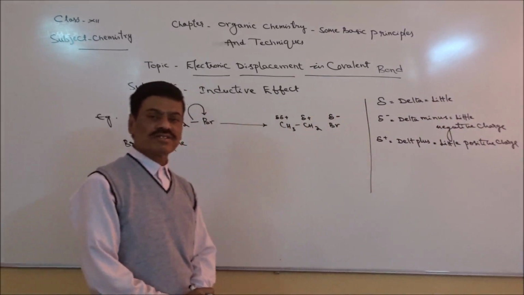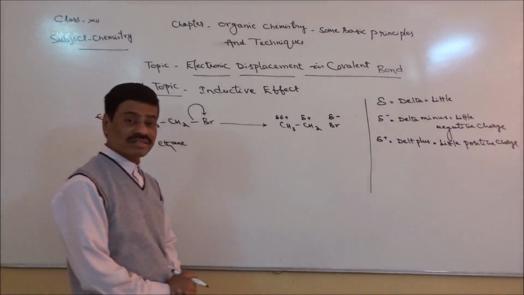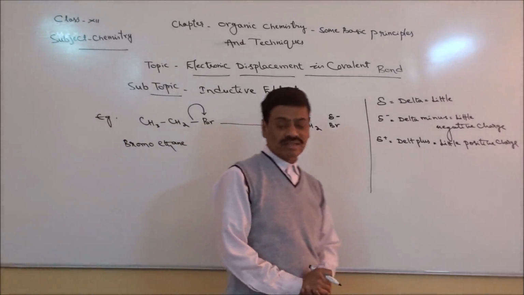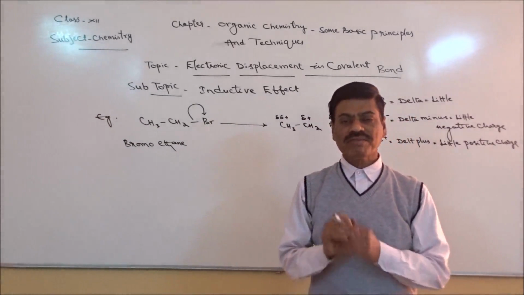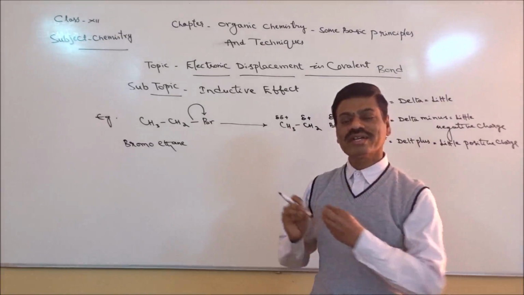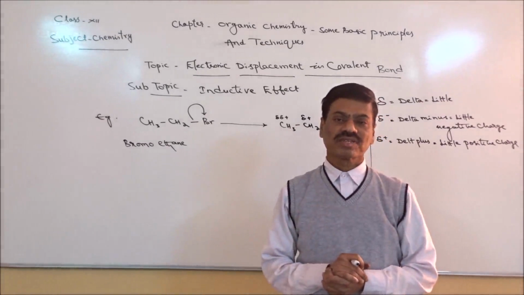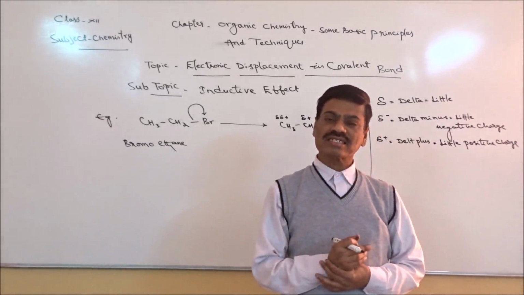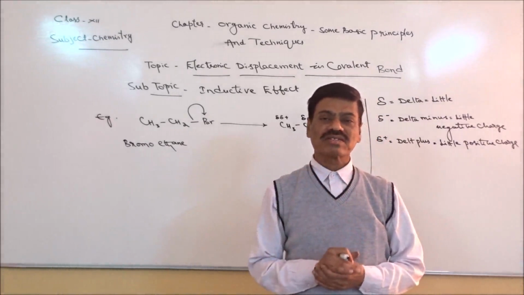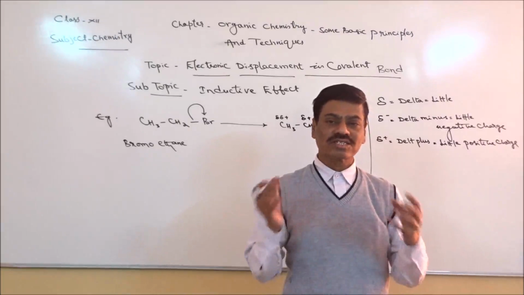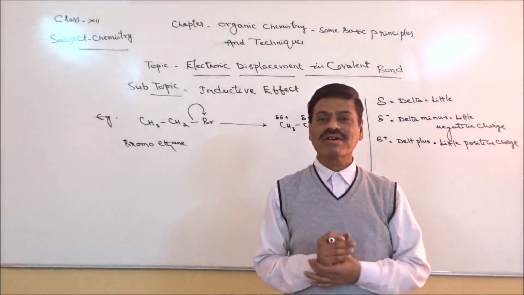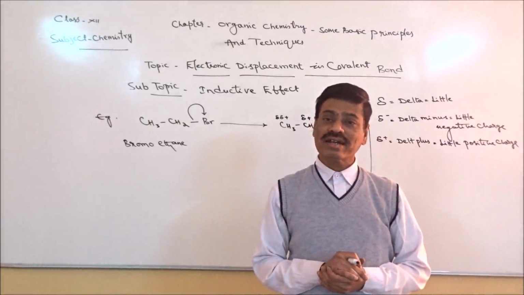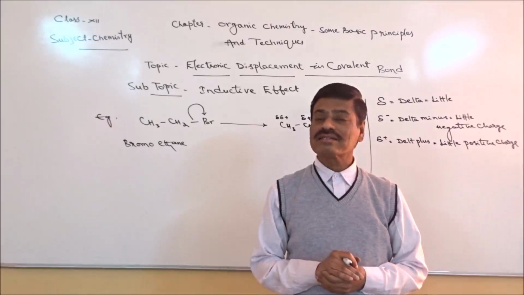Triangle sign is also read as delta, but that is used in those reactions where heat energy is required. Whenever we are going to give heat energy for the reactant, if it is decomposition reaction or to the reaction mixture containing more than one reactant to react chemically with each other, so there when energy is required, above arrow mark we write delta sign, that is triangle sign.